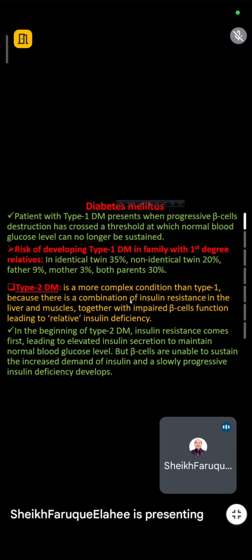If that limit is crossed, then he will have diabetes. So type 2 diabetes takes a longer time to develop, maybe some years, before it becomes diabetes. But type 1 takes less time because a viral infection damages the pancreatic cells and he will develop type 1 diabetes. For type 2, this resistance takes a longer time. Okay?